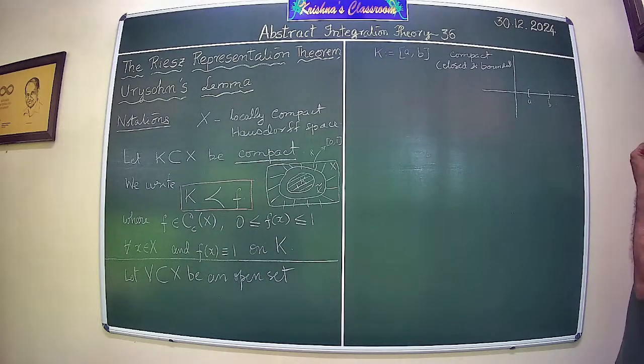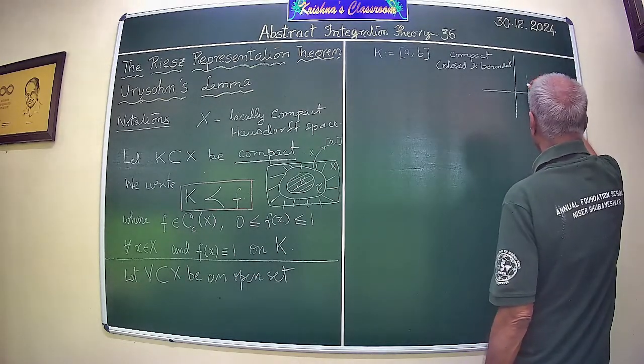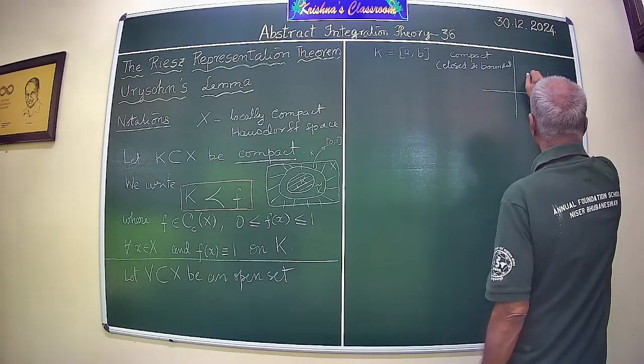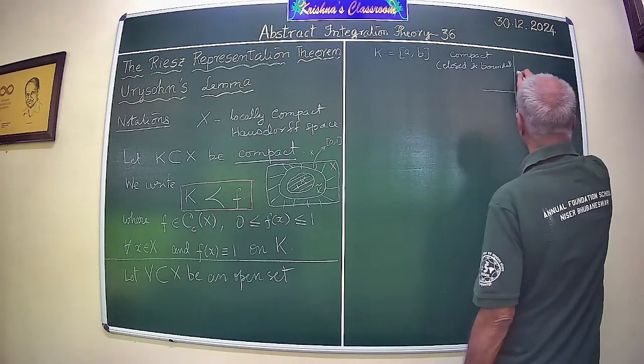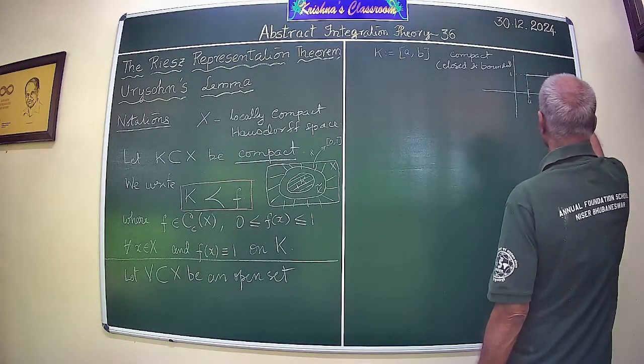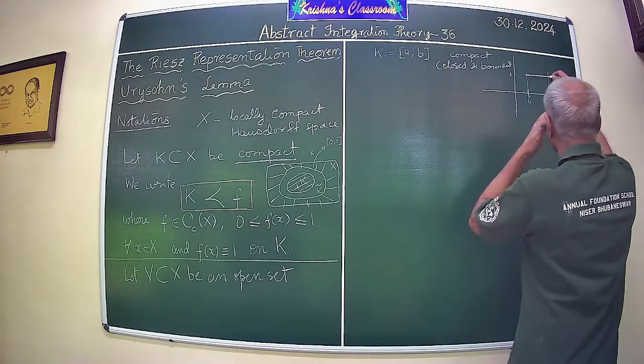Now what the theorem says is that you have a function whose graph is this. Now this is the value 1. So it takes the value 1 here, maybe even outside possibly, no problem.